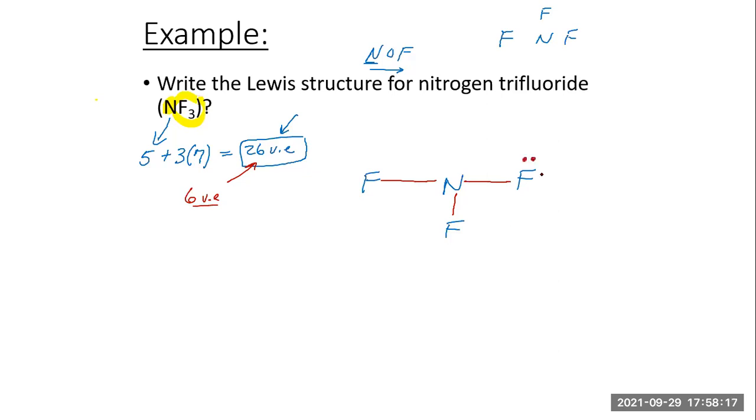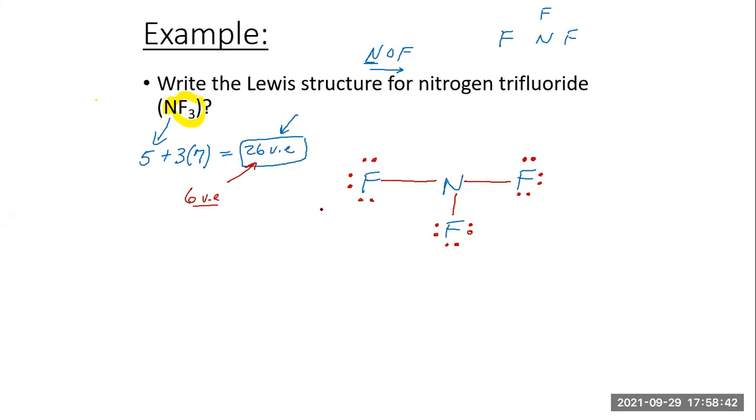So that is 2, that is 4, that is 6. That fills this guy up with 8. That is 8, 10, 12. That fills this guy up with 8. 14, 16, and 18. That then fills this guy up with 8.